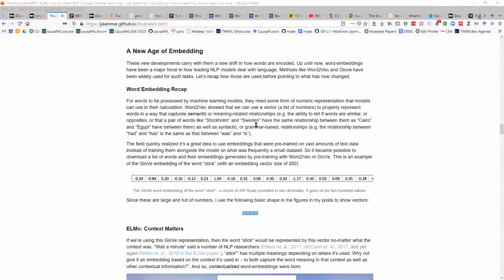The second task that it's trained on is sentence prediction, which we'll see again below, where it's given pairs of sentences. In 50% of those pairs, the second sentence is actually the one that follows the first in the training corpus. But in the other 50%, the second sentence is just a random sentence, not connected in any way with the first.